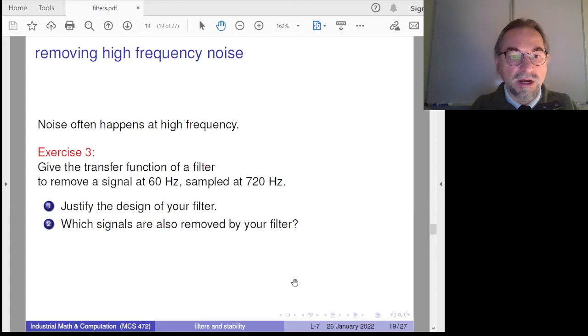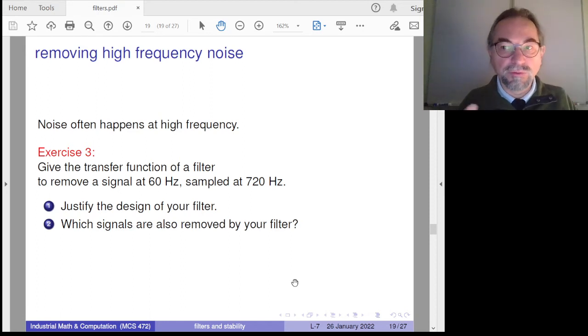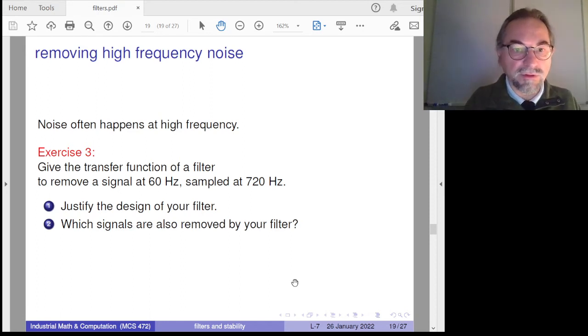Here you now consider a signal running at 60 Hertz, and we're going to sample it 12 times faster. So the notations need to be adjusted, and you will also need to use the property of the sine function.